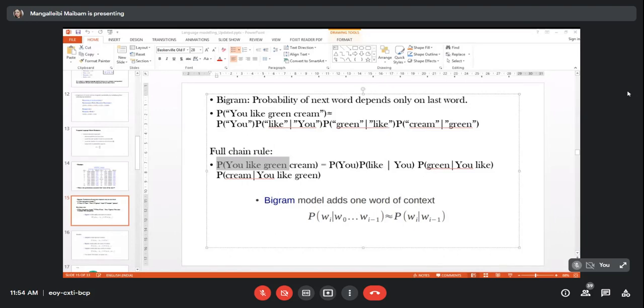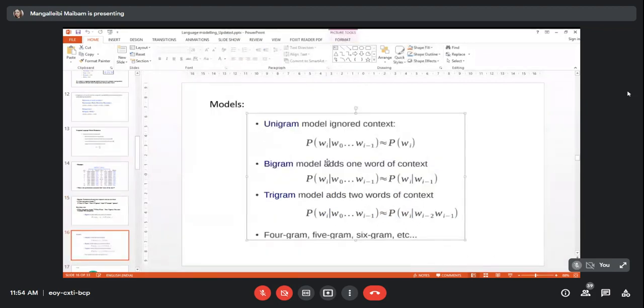This is regarding the bigram, unigram, and full chain rule language models. So these are some models, but for our calculation purposes, we will normally be using unigram. Sometimes we may use the bigram model based on the condition and the question given.